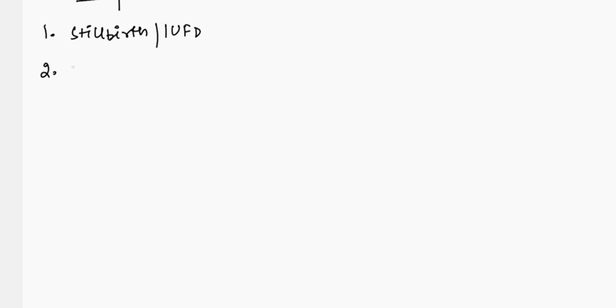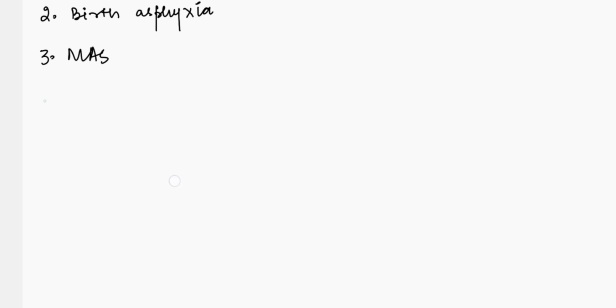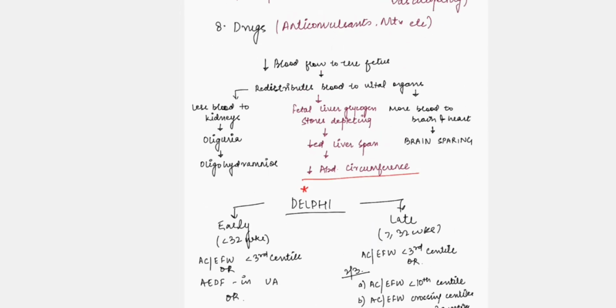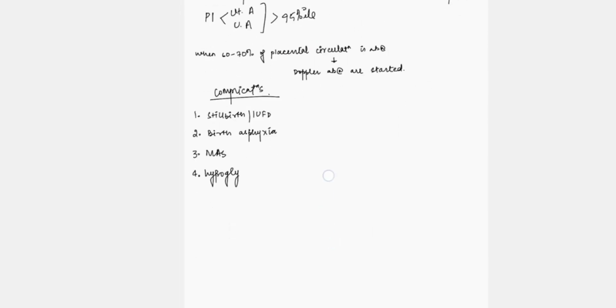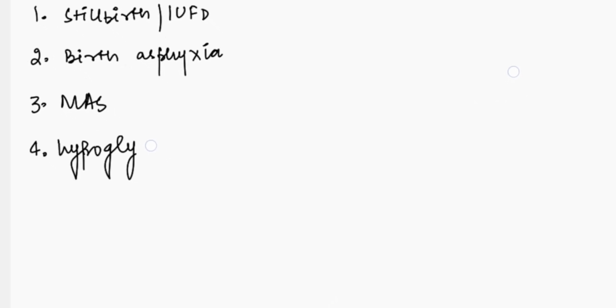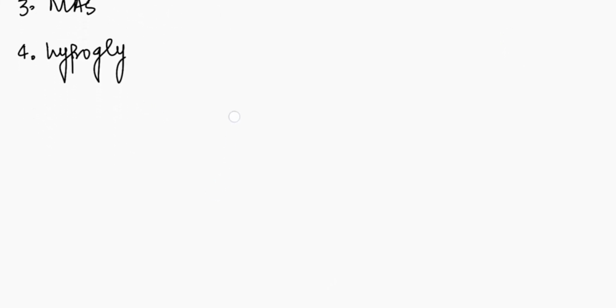Then we have birth asphyxia, because fetus cannot tolerate the labor stress. Then we have meconium aspiration syndrome, because of passage of meconium in utero. Then hypoglycemia. Now here we studied that the fetal liver glycogen stores are depleting, which can lead to hypoglycemia.